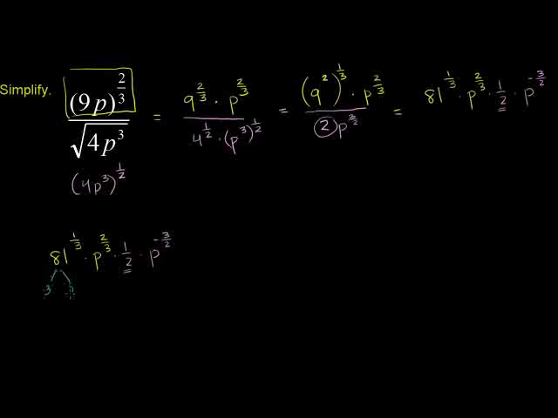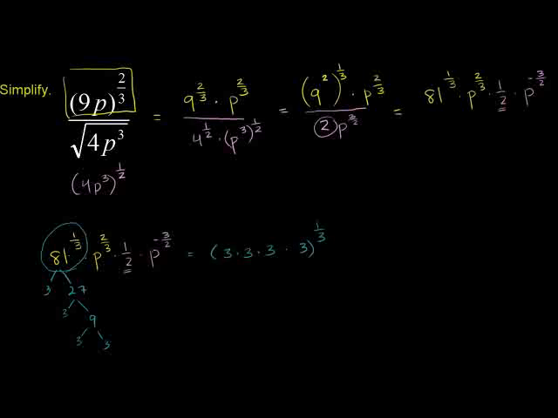It's 3 times 27, which is 3 times 9, which is 3 times 3. So 81 is 3 to the 4th power. We could rewrite 81 to the 1/3 as 3 times 3 times 3 times 3 to the 1/3.